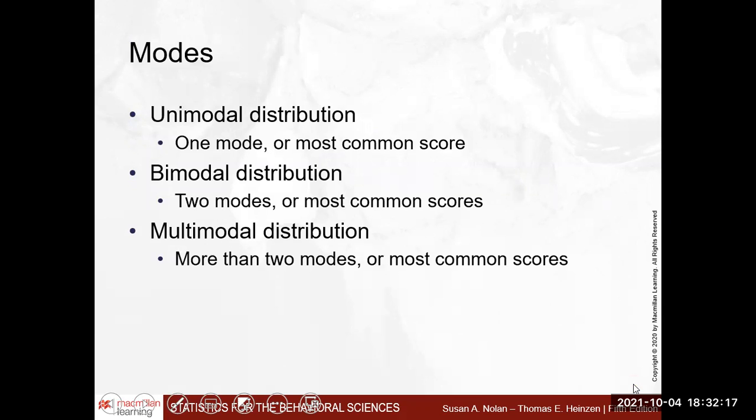What the mode is really useful for is a description of your distribution. In a perfect world, we've talked about the normal distribution: symmetric, unimodal. Unimodal means there's one most common score. In comparison, we have a bimodal distribution, which means there are two modes.